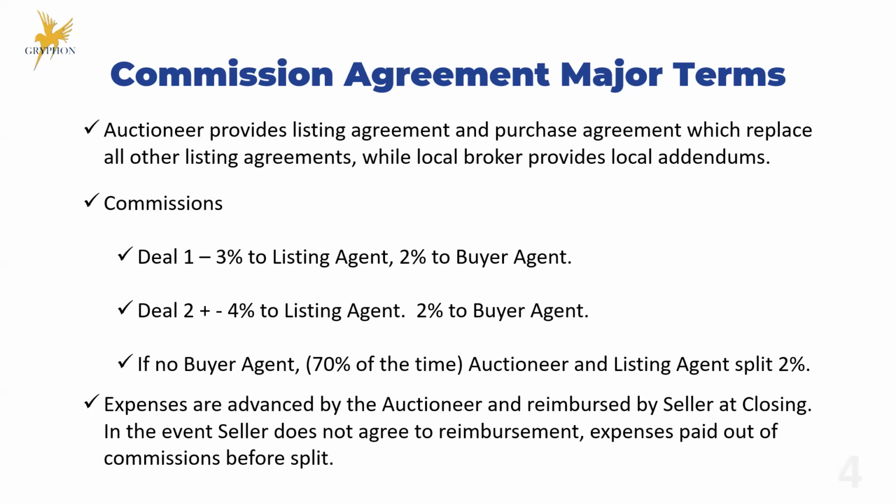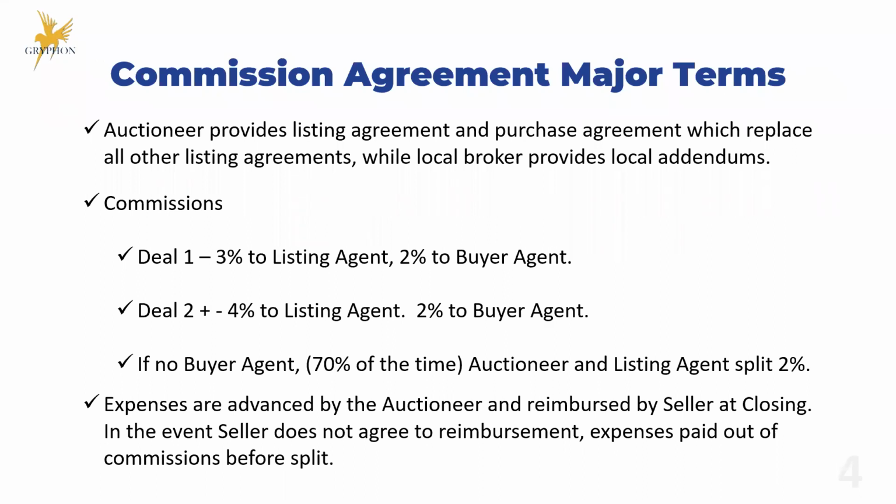It could be 1, it could be 4, it really doesn't matter. Only about 30% of the time are we seeing a buyer agent involved in the transaction. And as far as the other finance on here, the expenses are advanced by the auctioneer and reimbursed by the seller. So we went over on the first time, no out-of-pocket cost to you. We fund everything.